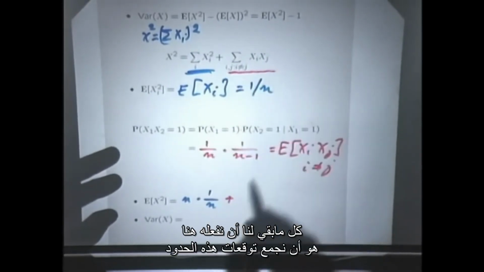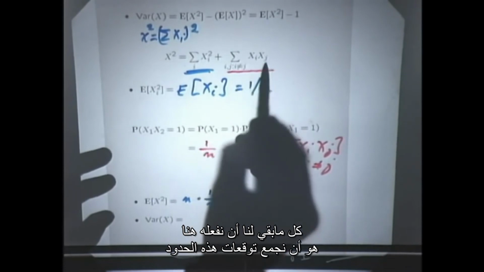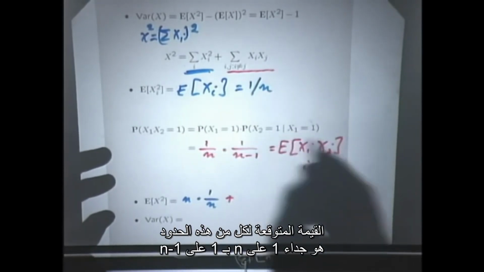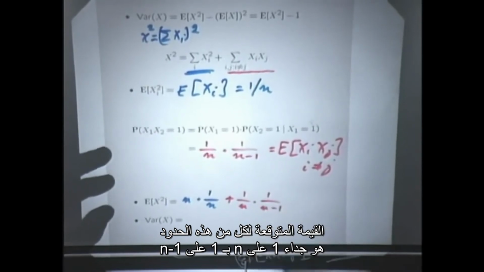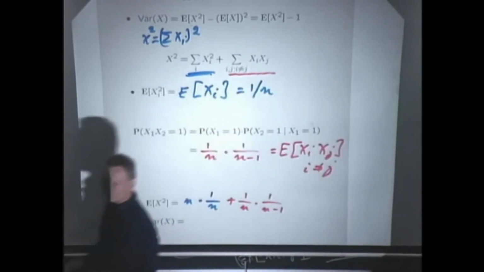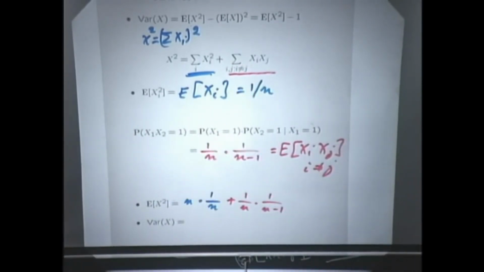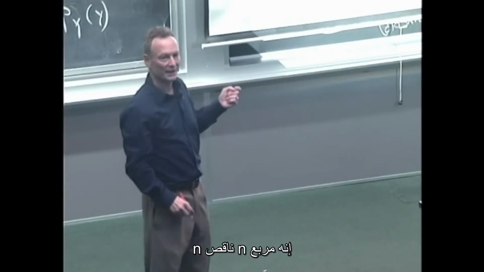So here, all that's left to do is to add the expectations of these terms. Each one of these terms has an expected value that's 1 over n times 1 over n minus 1. And how many terms do we have? How many of these are we adding up? It's n squared minus n.